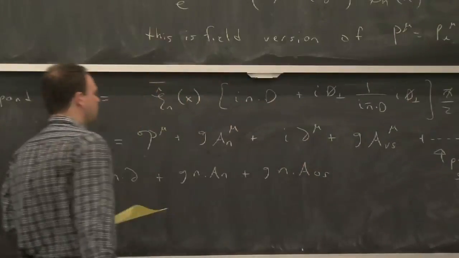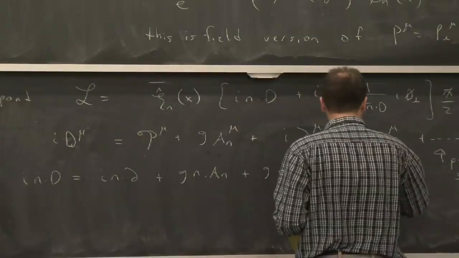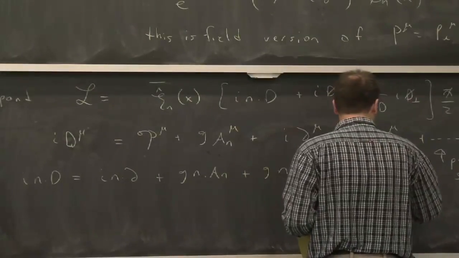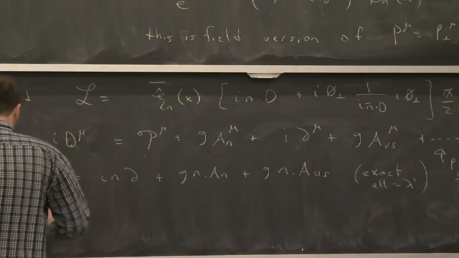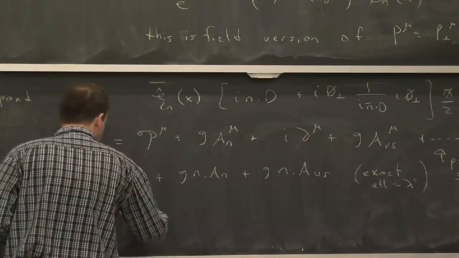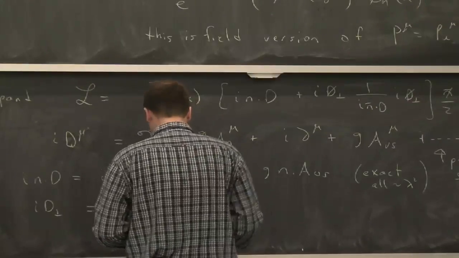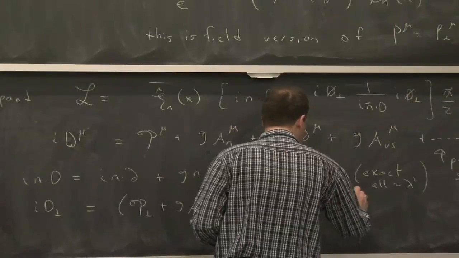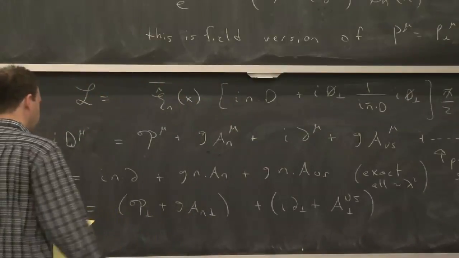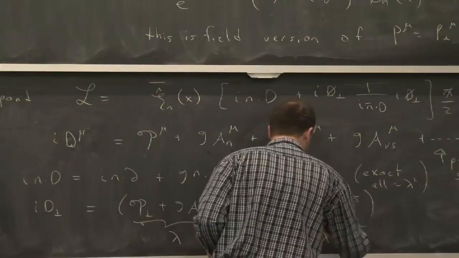Well, for the plus, there's nothing to drop. We just keep everything. And there's also only one type of derivative, so we just keep this. This is exact. All terms here are order lambda squared. For the perp, we just keep the collinear parts. So if I write out the other part, just for completeness, we can drop those terms relative to these terms, because these terms here are lambda, and these terms here are order lambda squared.